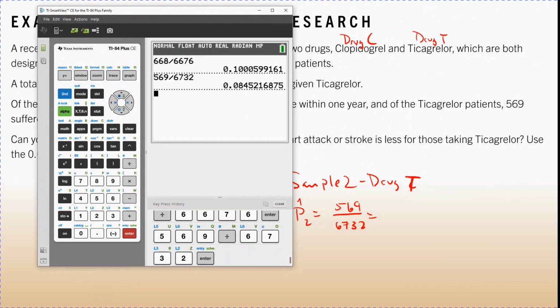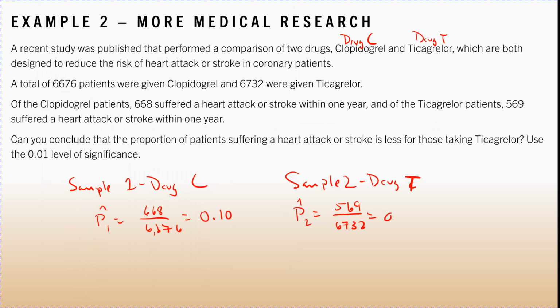So a little different here. 0.08. Here it'll be 5 when I round it. All right, so pretty close.